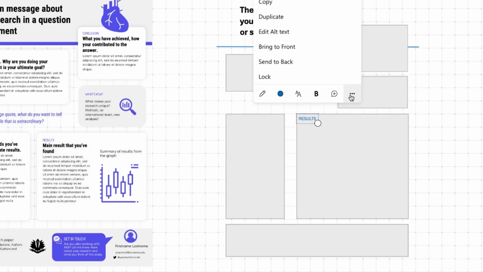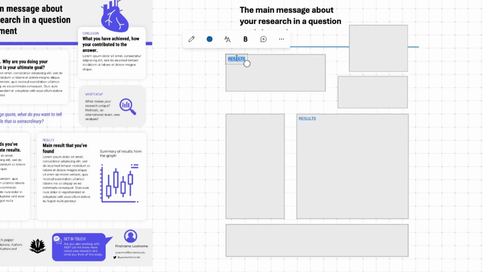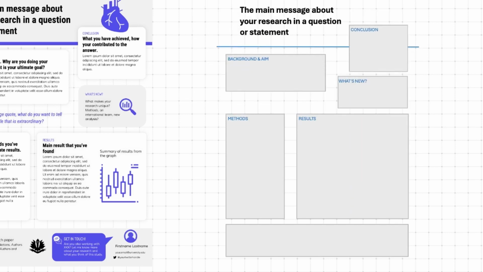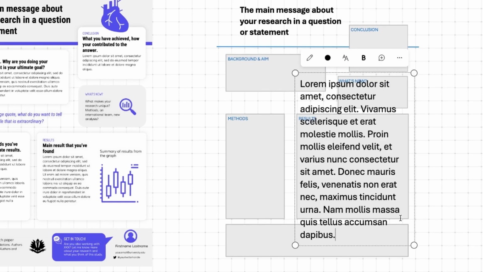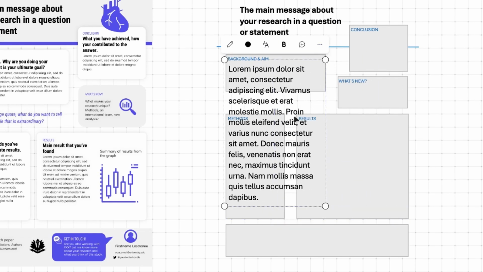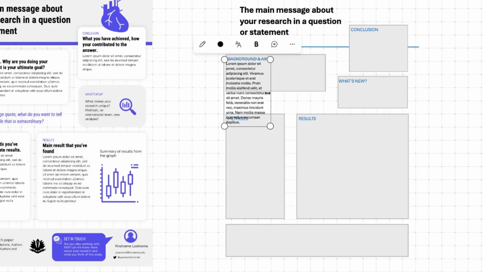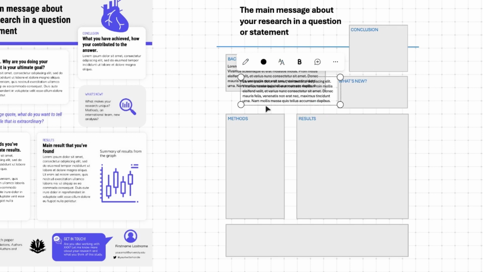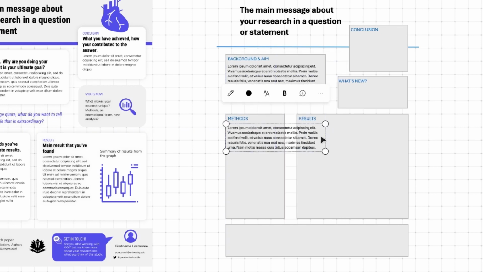Again, I'll duplicate this text and use the duplicates to create the other headings. When it comes to writing the text inside the boxes, again I'll create and size the first box. I'm just adding some placeholder text here so that I can change it later on. And then duplicate these boxes and resize them into the other spaces.